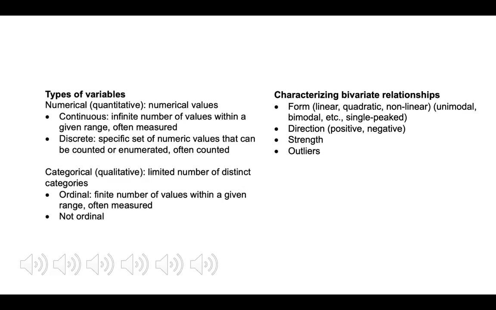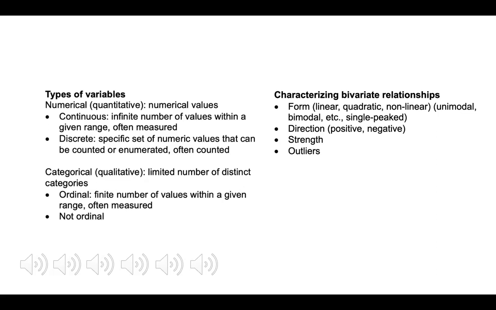Other than the types of variables we're dealing with, we also have to be very clear about the relationships between variables. There are several different ways to categorize relationships between variables. There is linear relationship, quadratic relationship, nonlinear relationship, and also unimodal, bimodal, single peaked, and so on.